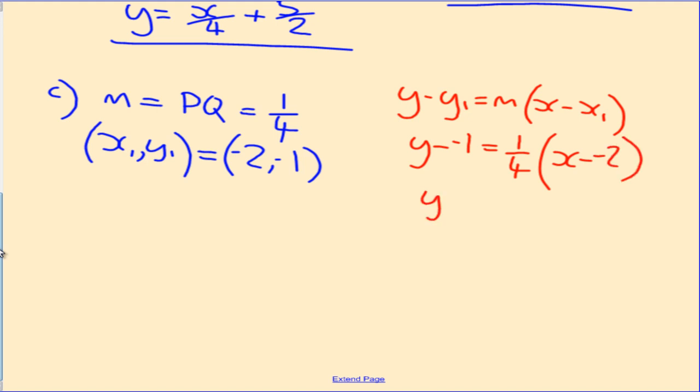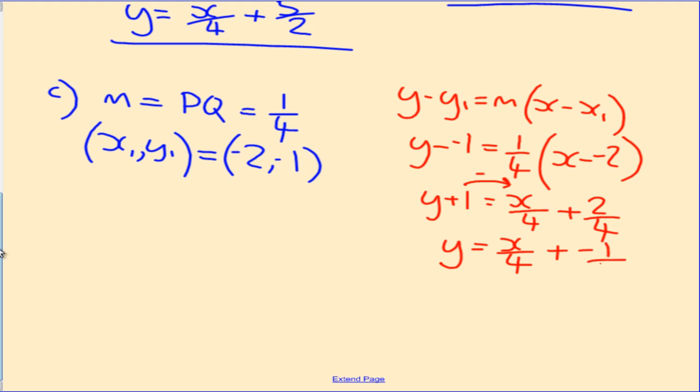Cleaning this up, y plus 1 equals x over 4 plus 2 over 4. Moving our 1 across by taking it away, we still have an x on 4 plus 1/2 minus 1 leaves you with -1/2. And there is our equation of the line RT.